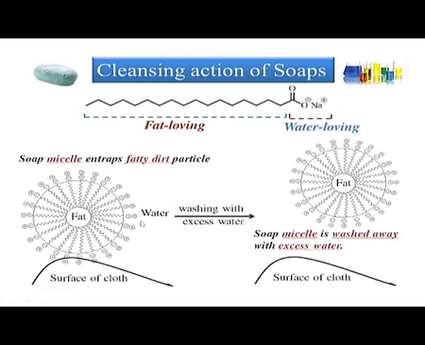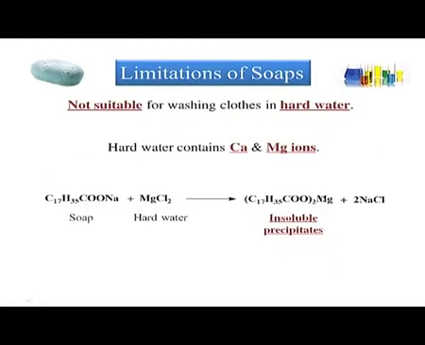Within this core, they actually engulf this fat particle or oil or grease, and this grease is separated into emulsions. Now when you wash it vigorously with water, water is able to take away these emulsions, leaving the surface of the cloth clean for you.